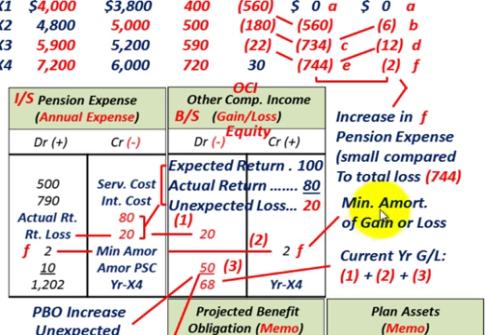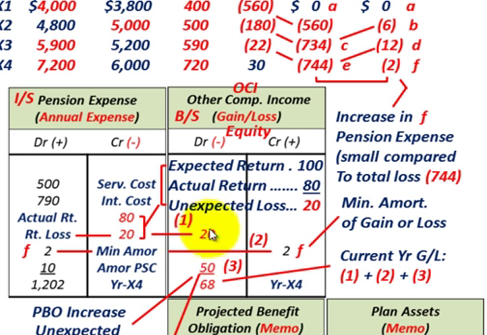So that is our minimum amortization of any gain or loss. In this case it was a loss, so you credit your other comprehensive income based on the fact that you would debit or increase your pension expense. And then if it was a gain, it would be just the opposite here. Credit or reduce your pension expense, debit or reduce your other comprehensive income.